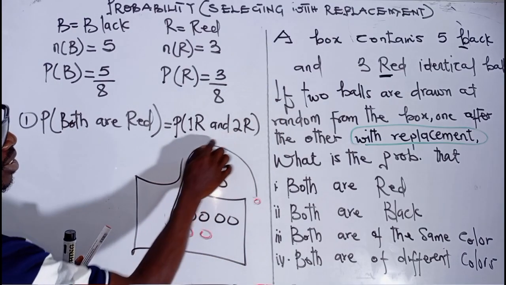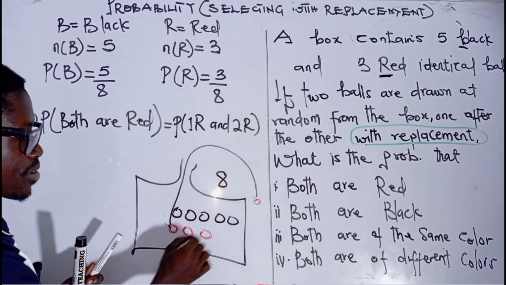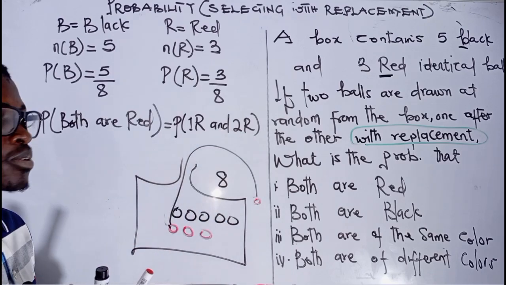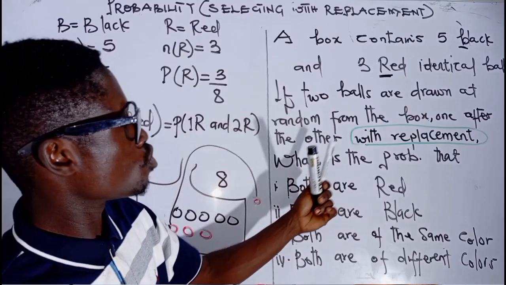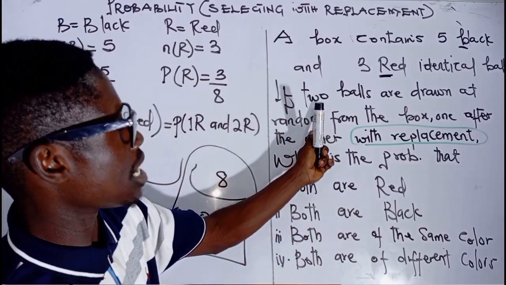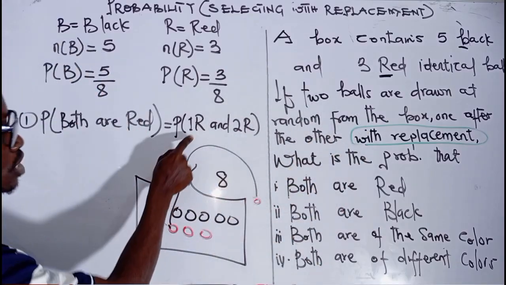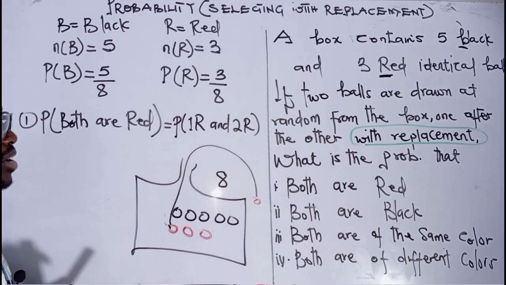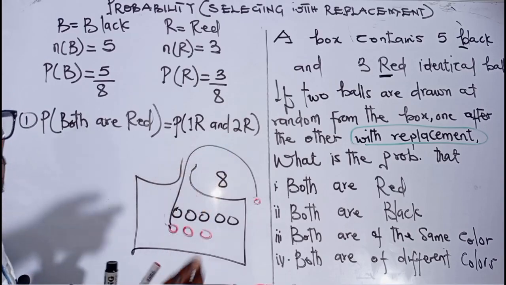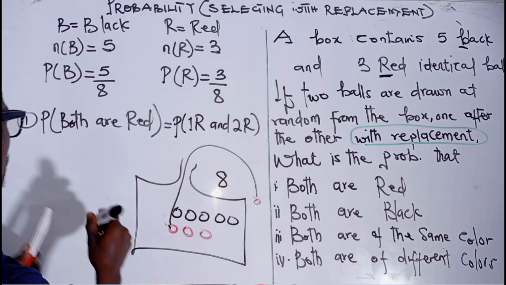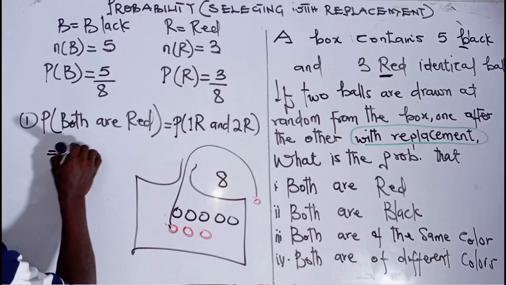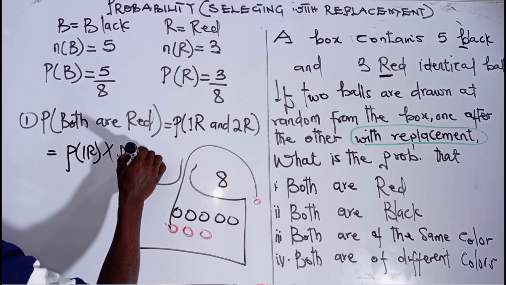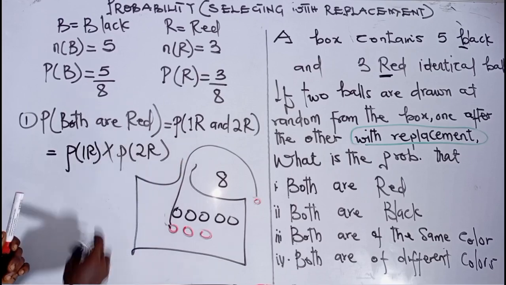Remember that 2 marbles are drawn at random from the box. Since we have "and", it corresponds to the multiplication law. So we can write it as the probability of the first red multiplied by the probability of the second red.